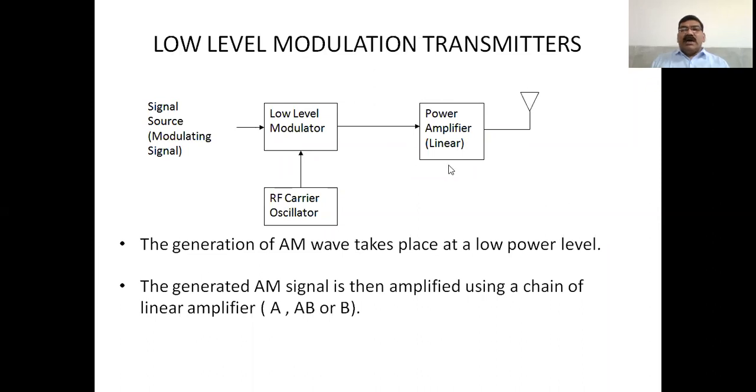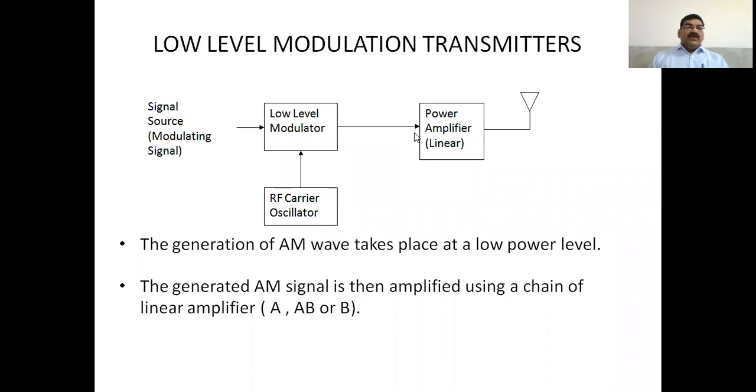So this power amplifier amplifies the power. Whatever is done here, that is your modulating signal and your carrier signal get modulated here by the low level modulator, and it is given to the amplifier. So the requirement of the power amplifier is that it amplifies the power. Why do we require power amplification?